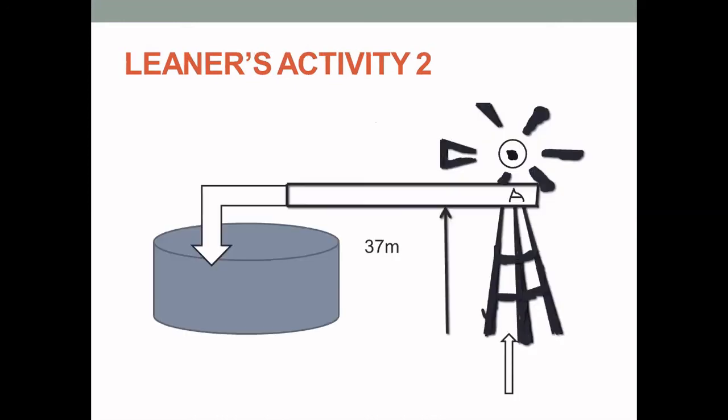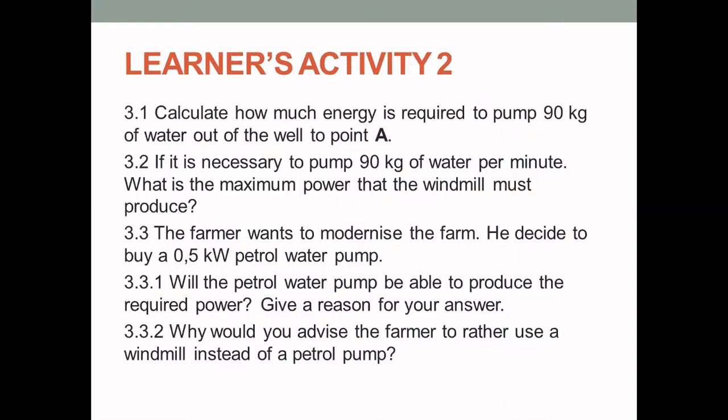Okay, you can see the diagram there. Questions? Calculate how much energy is required to pump 90 kg of water out of the well to point A. If it is necessary to pump 90 kg of water per minute, what is the maximum power that the windmill must produce?